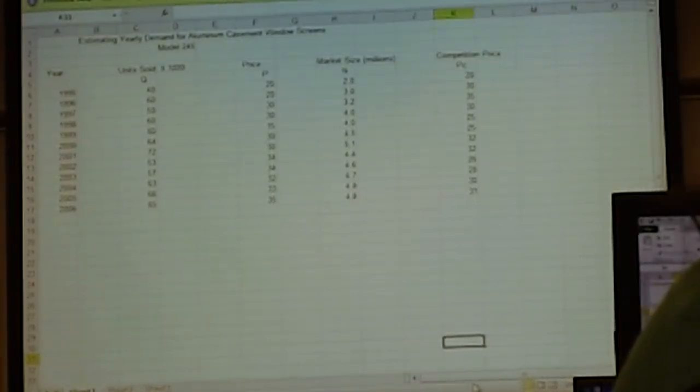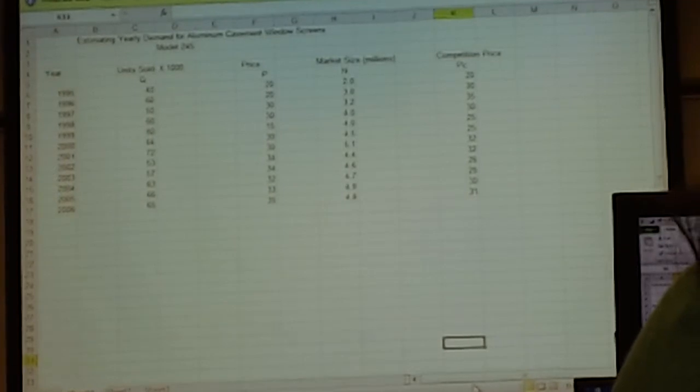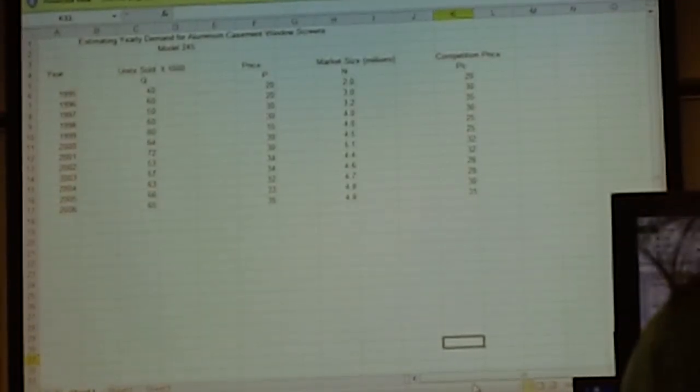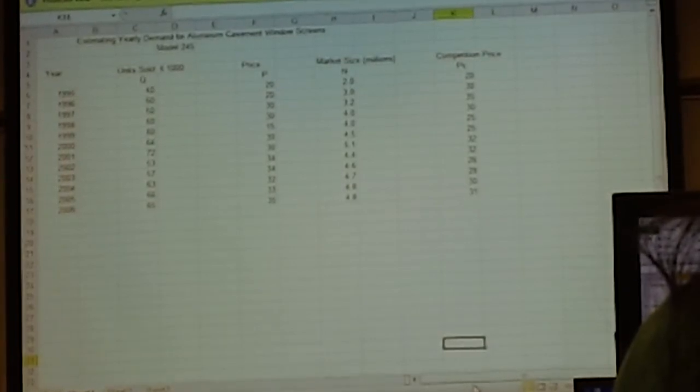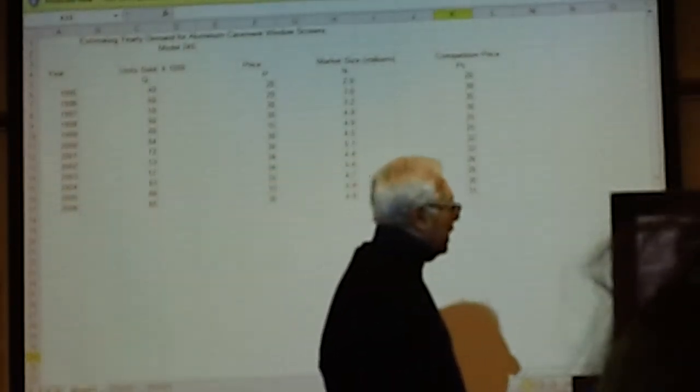And then what we're going to do is draw the demand curve for this particular item, which should also be consistent economically. Okay? So we'll start by first specifying what the model's going to look at.